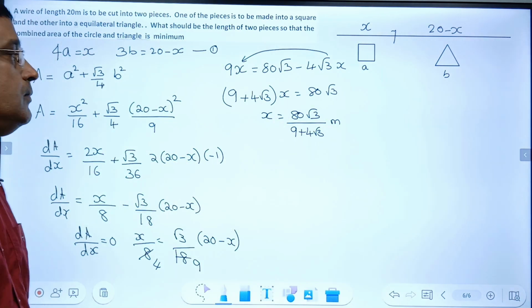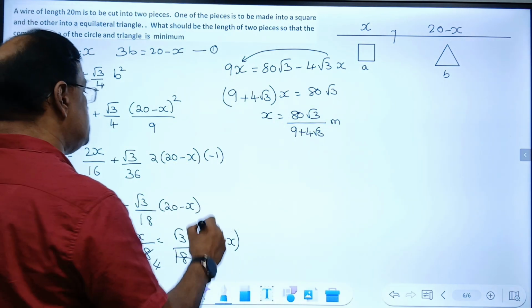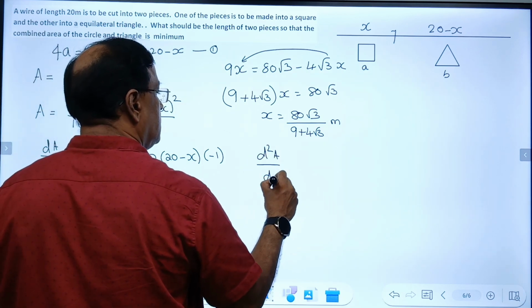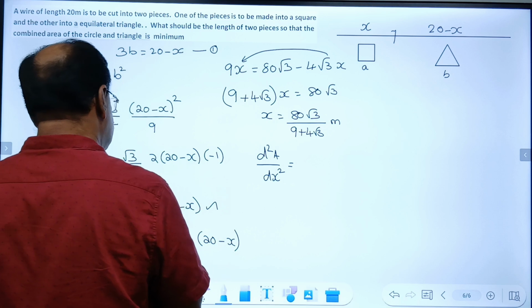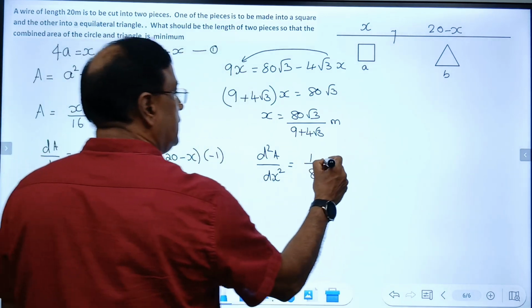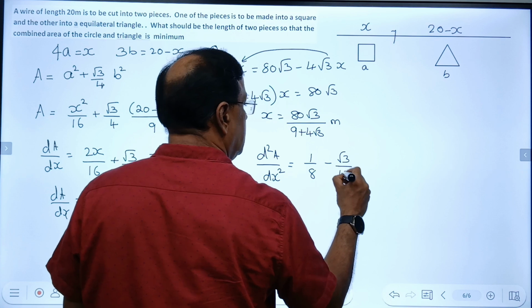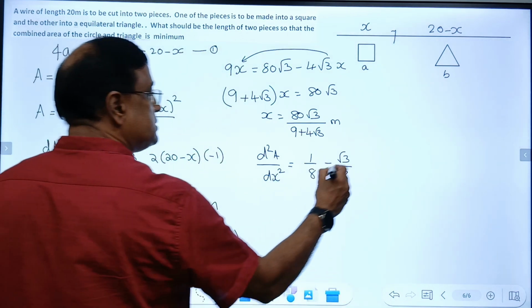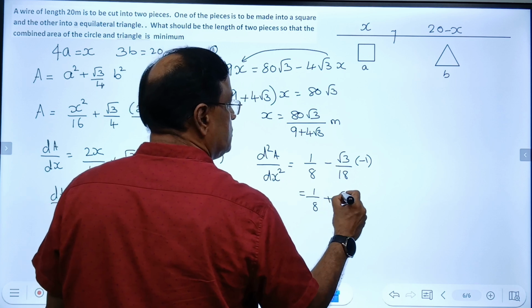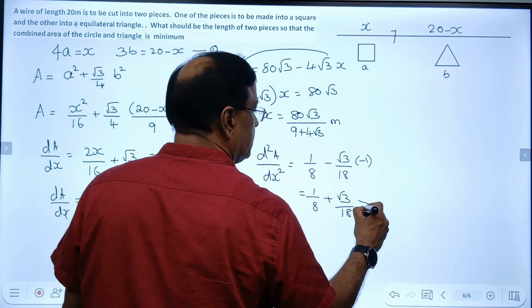Simple. Now how do I know it's minimum? Go for second derivative. d square A by dx square. So differentiation of x by 8 will be 1 by 8 and this will be minus root 3 by 18 and differentiation of minus x is minus 1. So this becomes 1 by 8 plus root 3 by 18, which is positive.